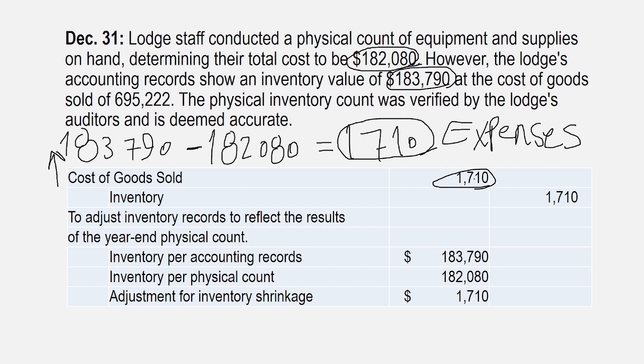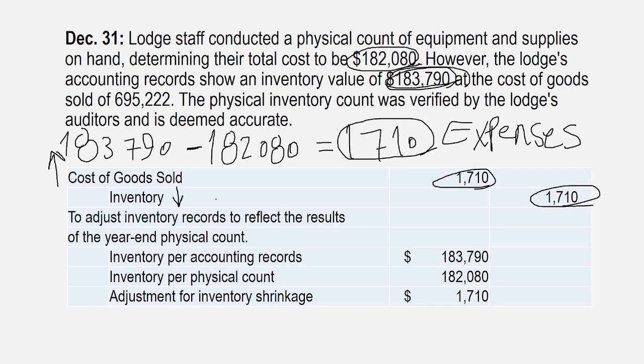In fact, when the accounting document shows 183,790, but the real amount shown in the physical count is lower by 1,710, to reflect the true amount of inventory we should decrease the inventory. Inventories belong to the asset accounts. A decrease in inventory and asset accounts is considered a credit.